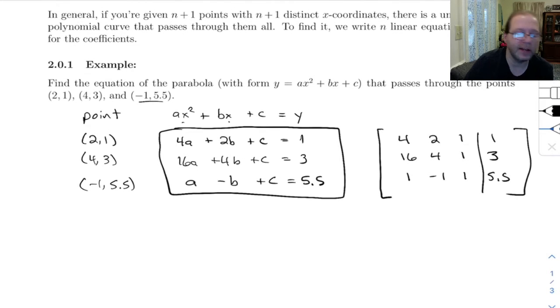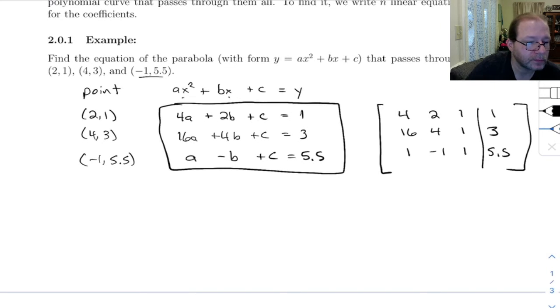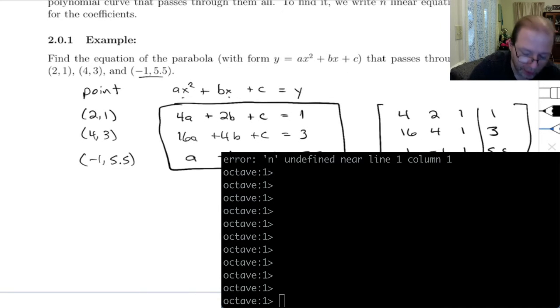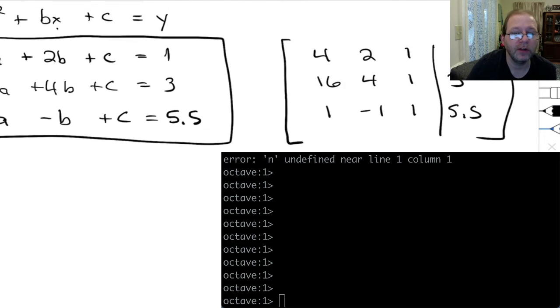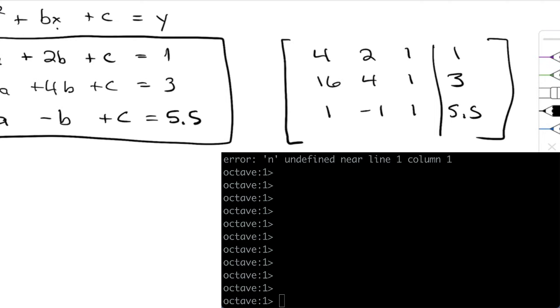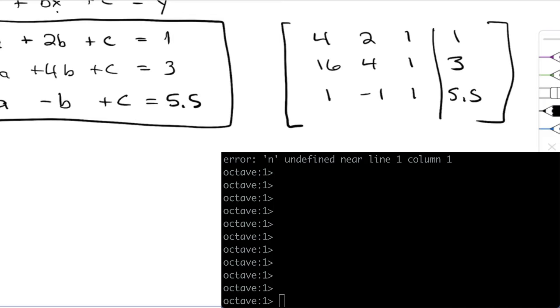So we've got to solve that, and I'm just going to use Octave to do that. So I'm going to turn on Octave down here. Now, we've been using Octave online mostly in class, but what I'm going to do here is use Octave installed on my computer. And by the way, if you're interested in Octave, you can Google it, and it's a free program.